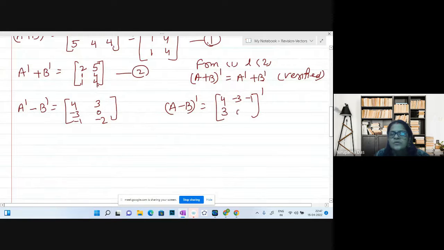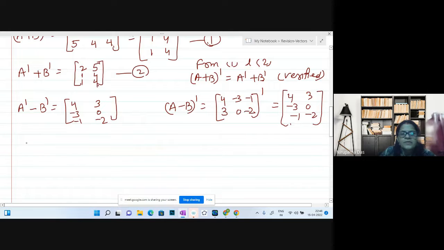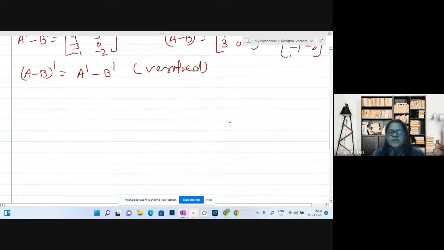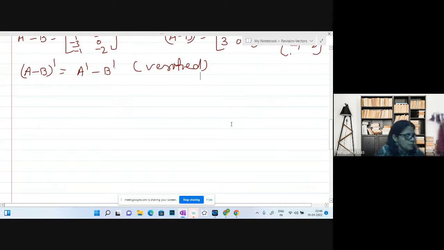So 3, 0, minus 2. We have to take the transpose. So 4, minus 3, minus 1 and 3, 0, minus 2. So here you can check your A minus B transpose equals A transpose minus B transpose. Okay, verified. So now we have verified that the transpose of A transpose is A itself, and these two properties.